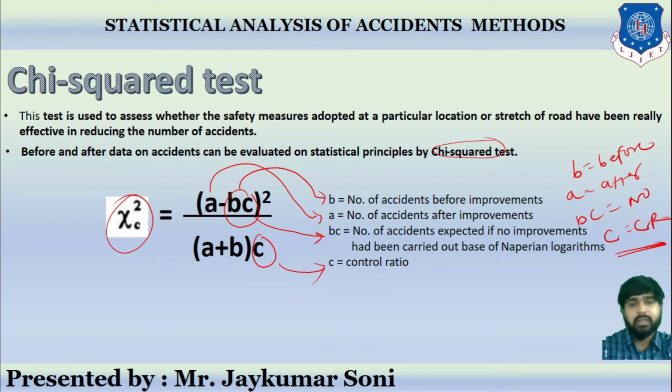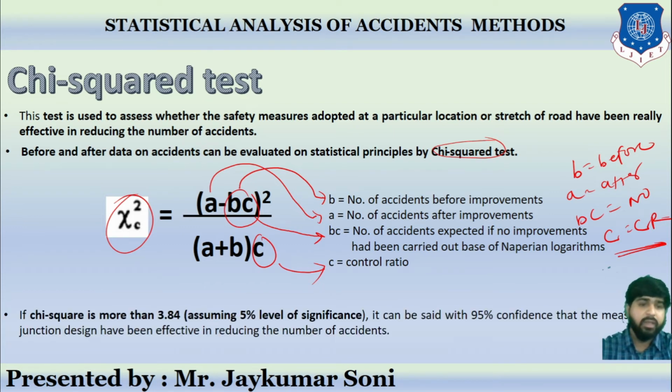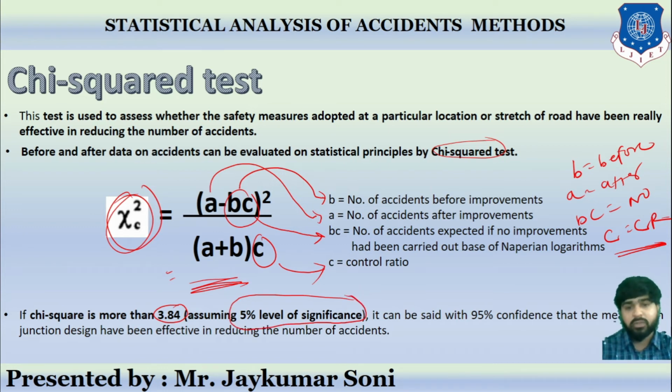It is very easy. Chi-square is equal to (A minus BC) whole square divided by (A plus BC). If the value that we will get from here is more than 3.84, assuming 5% level of significance, we will always calculate 5% level of significance and 95% confidence level.